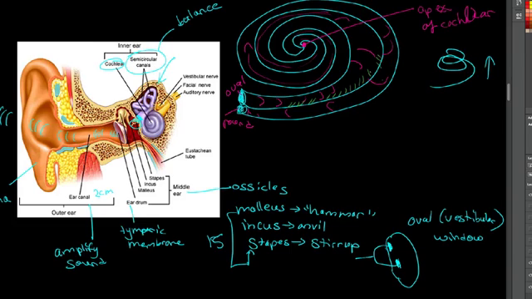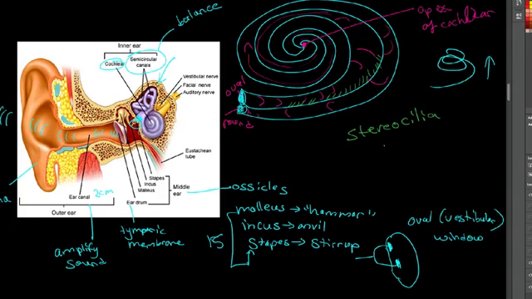So, there's a basilar membrane in the middle of these two sacs. And this basilar membrane contains all these tiny hair cells called stereocilia. Okay, and when the stereocilia are moved by the vibrations, they cause small ion channels to open.